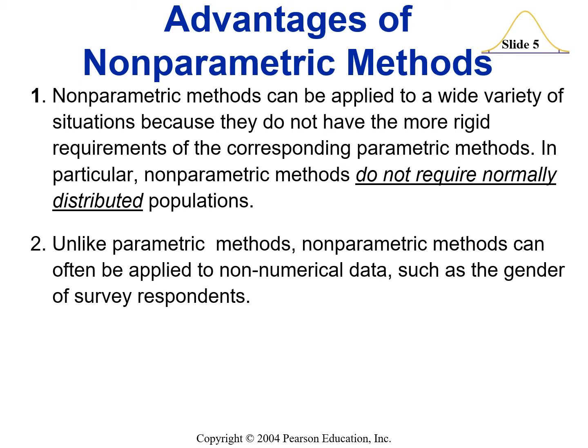The second advantage is that unlike parametric methods, non-parametric methods can often be applied to non-numerical data, such as qualitative variables like gender, ranks, and so on. So we have two advantages till now: non-parametric methods do not require normal distribution, so they can be used for a wide variety of situations, and they can often be applied to non-numerical or categorical data.